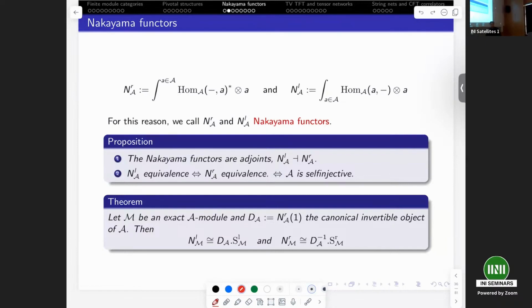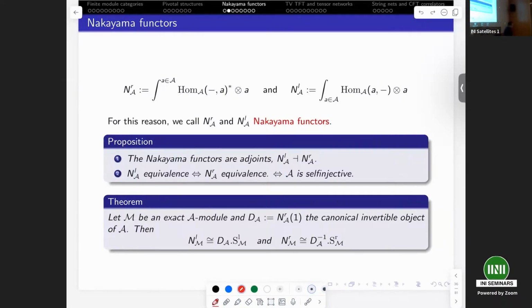And this invertible object is very well known to people in algebra theory. It's the object which measures the difference between left and right integrals. And the Nakayama and Serre functors differ by just the action of this canonical invertible object.